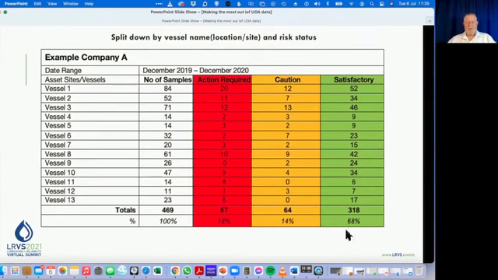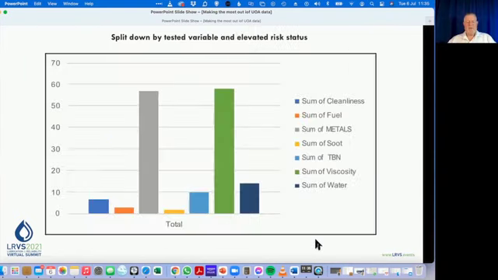So let's see if we can drill into the data a bit and see what sort of things we need to be thinking about. Well, if we split them up by the headline failure modes, so in this case we've got cleanliness, fuel dilution, metals which don't look right, soot presence which is unacceptable, base number which is unacceptable, and viscosity and water which are unacceptable.